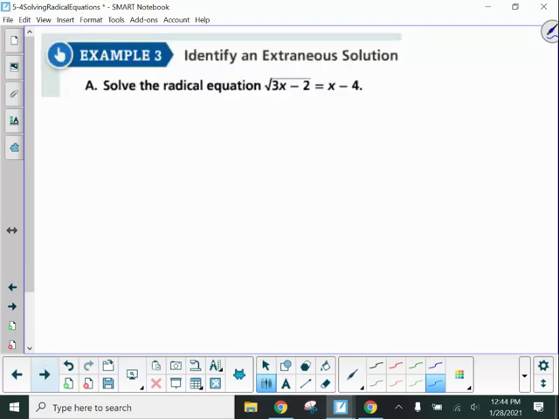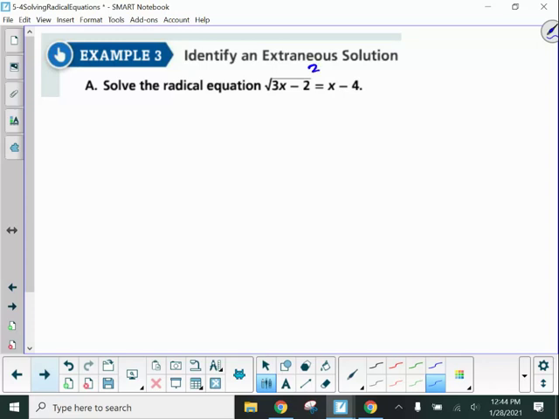Example 3, extraneous solutions. This is why it's so important for you to check whether a solution actually works in your original equation. So this is a one radical equation. To solve for x, I need to isolate the radical, which it is isolated here, and then I'm going to square both sides.